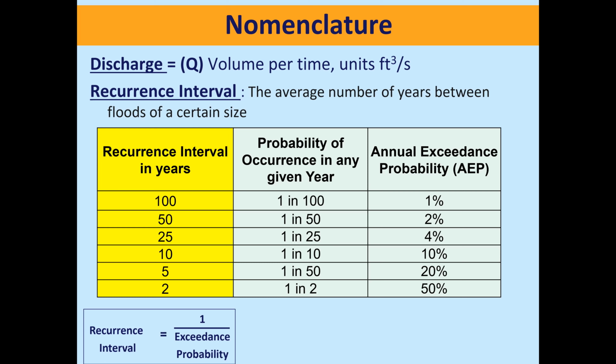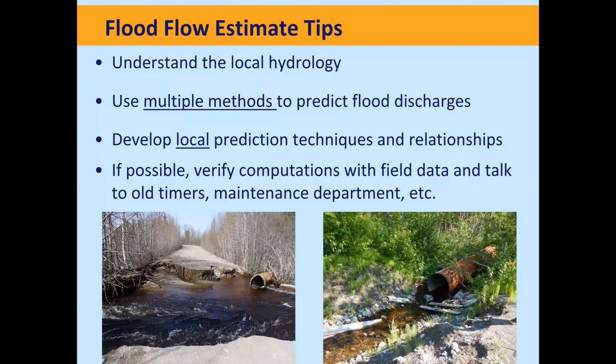Okay, so moving on, just before we get into the actual methods, just some tips, and I'll reiterate these later on, about flood flow estimates for your designs. I think one of the key things we hit on that first slide where I showed all those hydrographs is just trying to understand the local hydrology and what those processes are, and what the characteristics of the watershed are that the river is integrating to come up with what the hydrograph looks like.